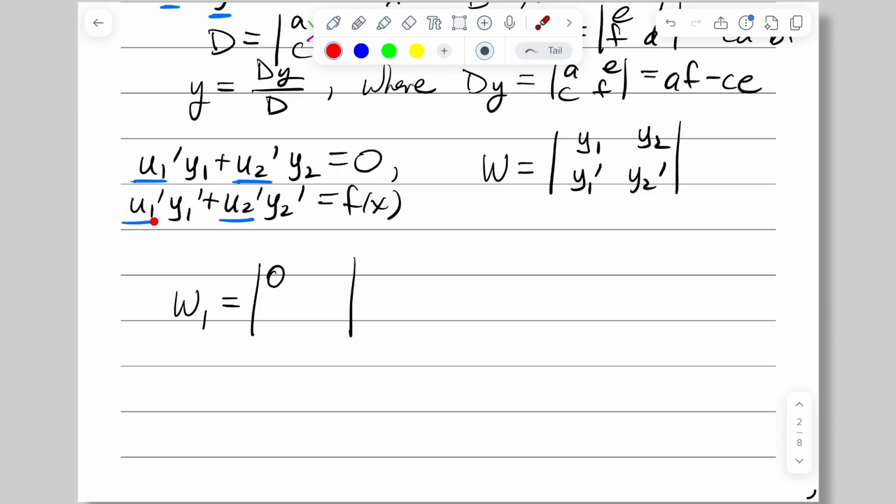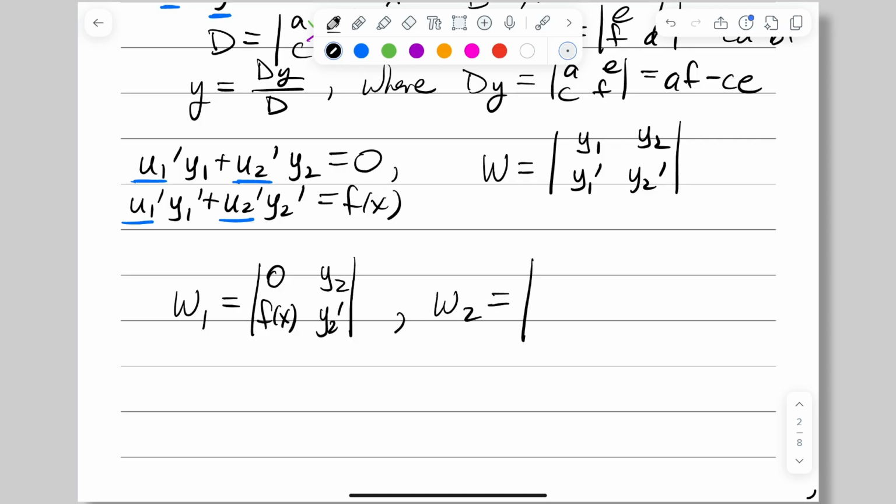Then u1 prime y1 prime plus u2 prime y2 prime is equal to f of x. And so this is f of x. The second column is what the Wronskian second column was, y2 and y2 prime. And W2, you can probably guess what this is. The first column is y1 and y1 prime. The second column is 0 and f of x.